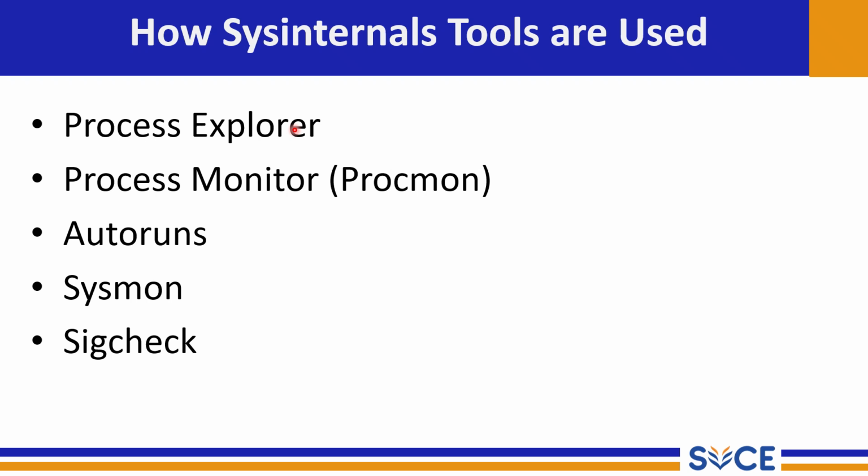Okay, and next is Process Monitor. This Process Monitor is otherwise called ProcMon, right? This topic we have already discussed during the session of Unit 3, so you can go back and recollect that. It is a real-time file system, registry, and process thread activity monitoring tool.